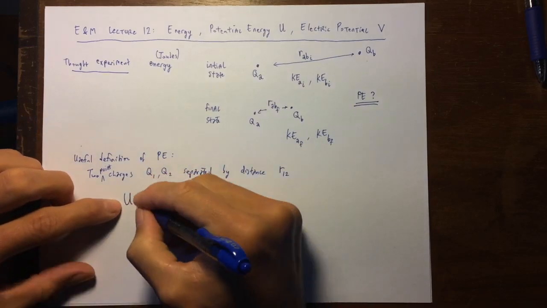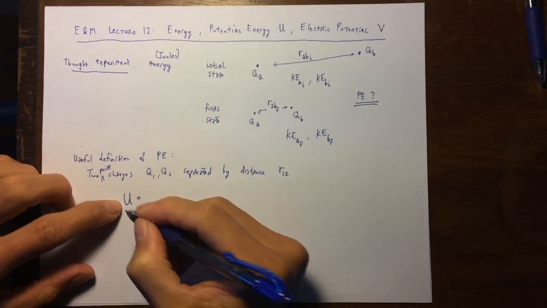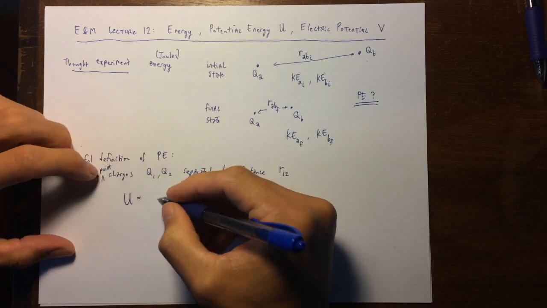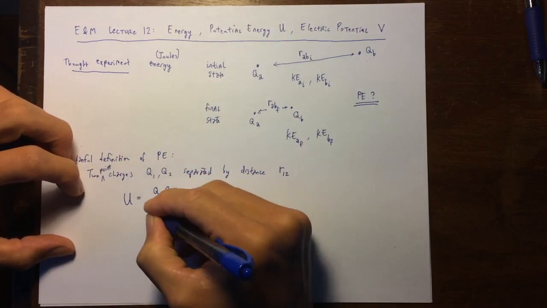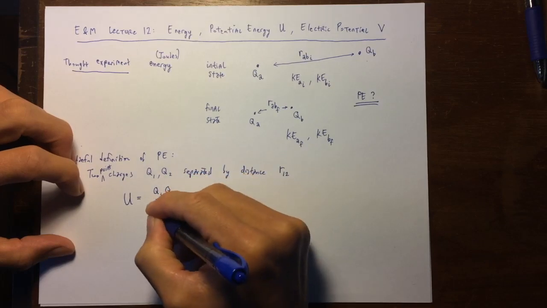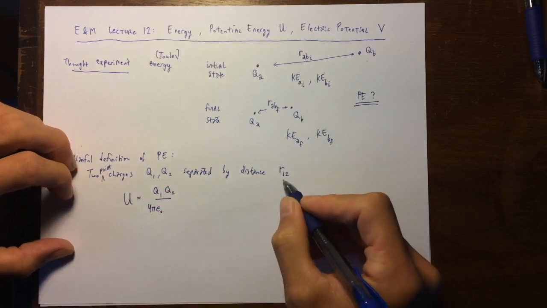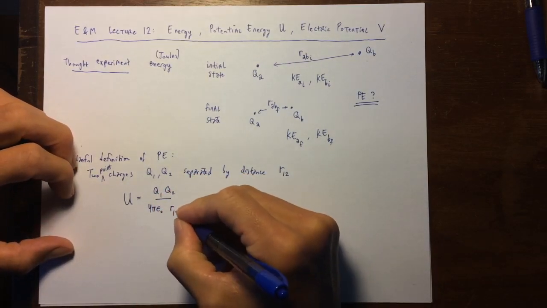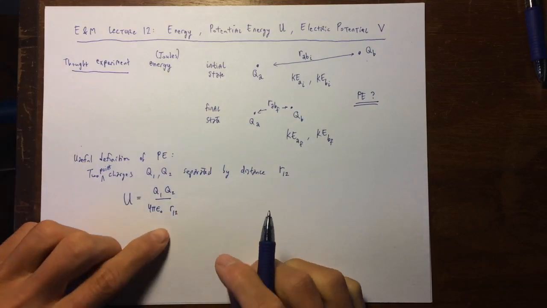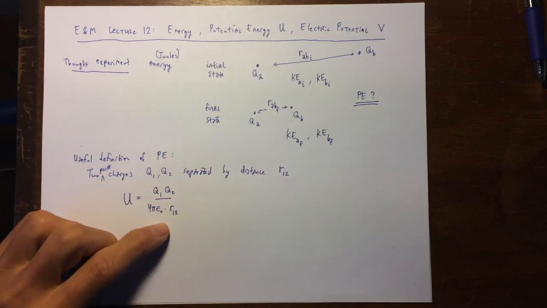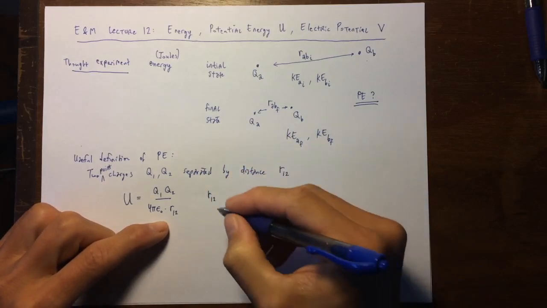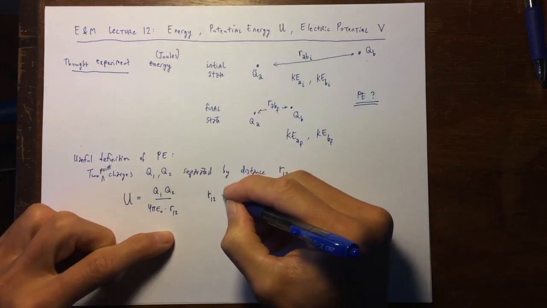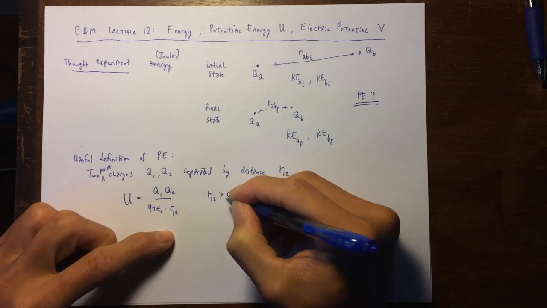And this definition of the potential energy is going to be written this way. So the potential energy is equal to the product of Q1 and Q2 divided by 4 pi epsilon naught R1,2, and that's multiplied on the bottom. But R1,2, remember, is only strictly a positive number.